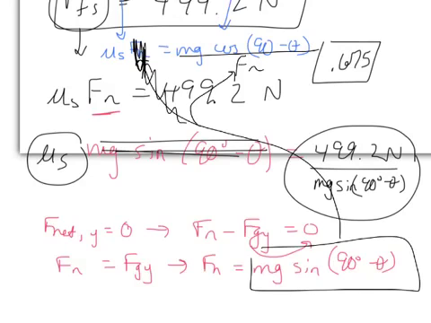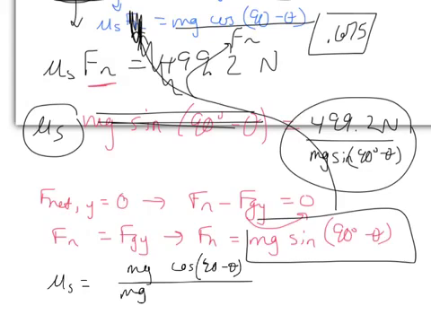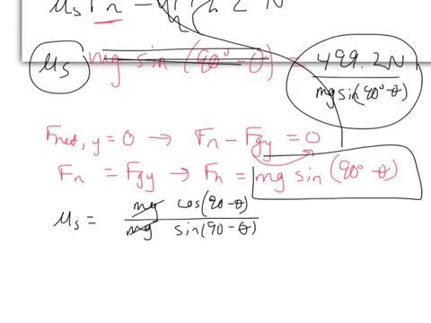And we end up getting, for this expression for mu as a generic solution, mg cos 90 minus theta over mg sine 90 minus theta. Well, what happens to the mg's? They drop off. So it turns out that mu s, the static coefficient of friction on an inclined plane, is independent of the mass.